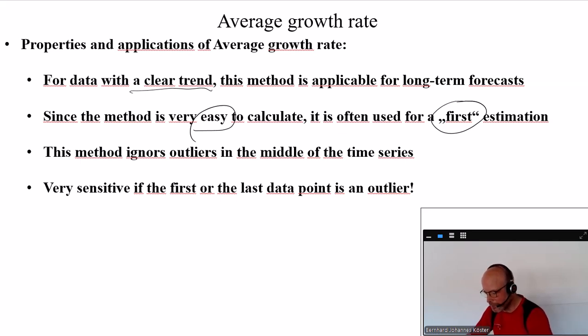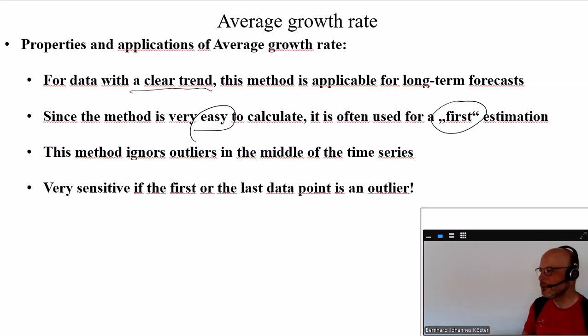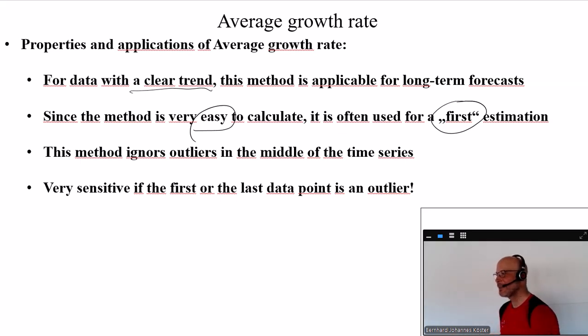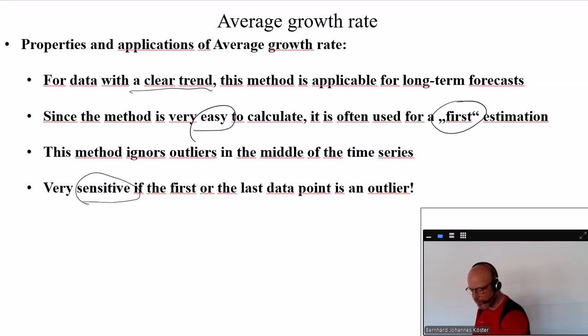But of course, the starting point here is always very important because you are calculating backward. Your starting point is the anchor where you are coming from, and there you have to be a little bit careful that it is very sensitive if your starting point would be an outlier.